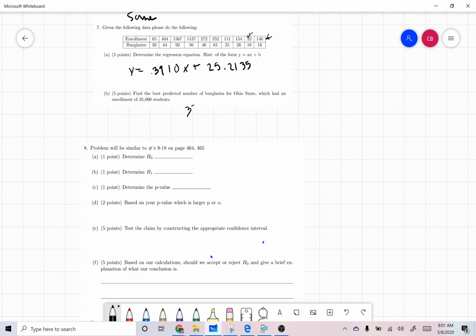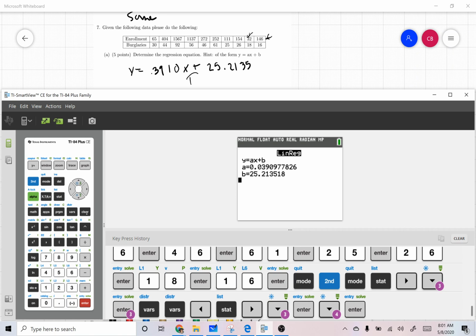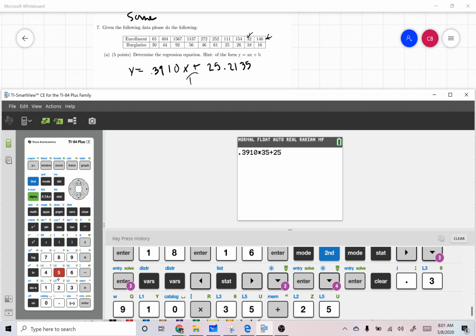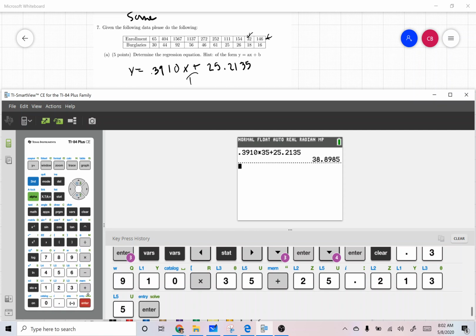So you'd plug 35 into this. 0.3910 times 35 plus 25.2135, and we get 38.89. We're going to round to the nearest whole number, which would be 39. So we'd predict about 39 burglaries for 35,000 people, from the best fitting line.